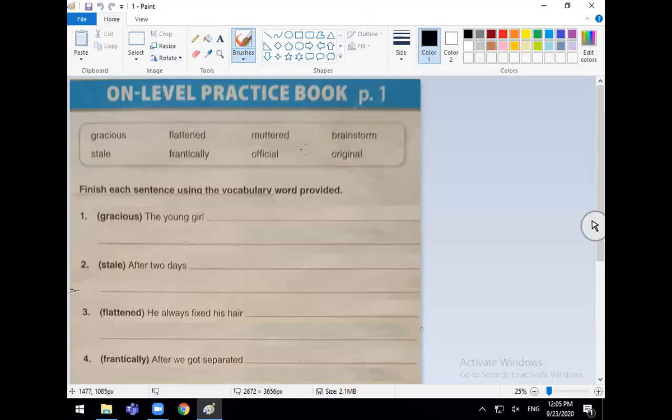These are your vocabulary words for the week. And then you have a word for each question. We've done this before. You did this last year. You finish the sentence. They have a sentence starter for each one. You finish the sentence using the correct vocabulary word, okay?